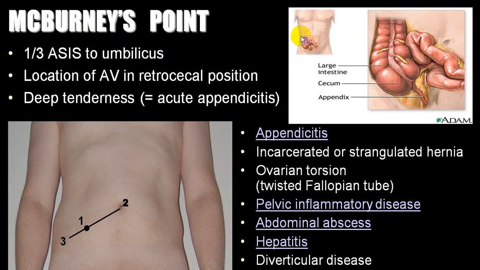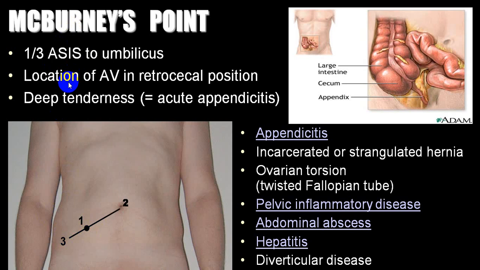McBurney's point is the junction of the medial two-thirds and lateral one-third of the line joining the umbilicus to the anterior superior iliac spine. At that particular point, if you do a superficial palpation and there is a severely inflamed appendix, you may be able to detect spasm of the abdominal muscle, which we call guarding.